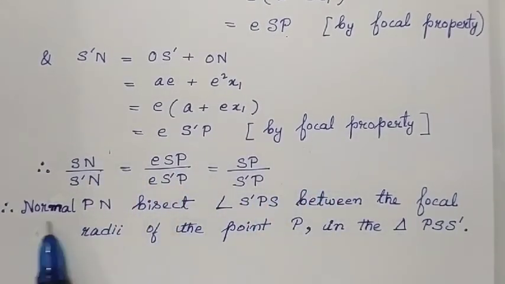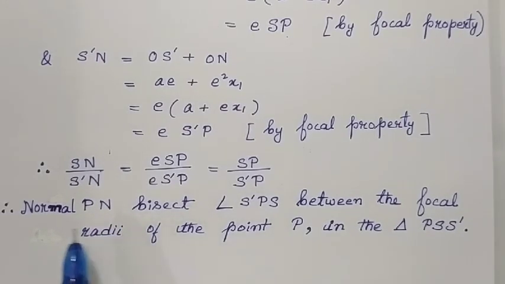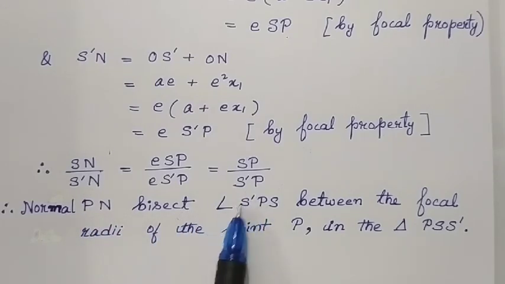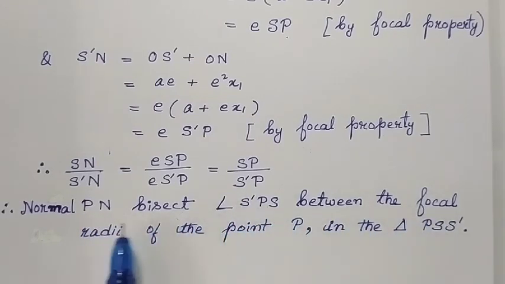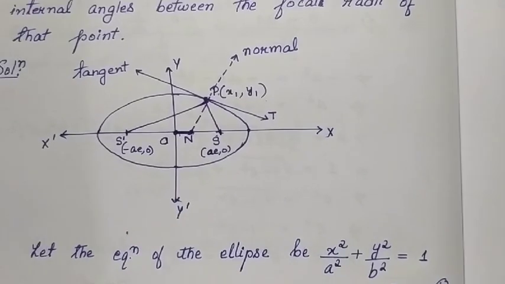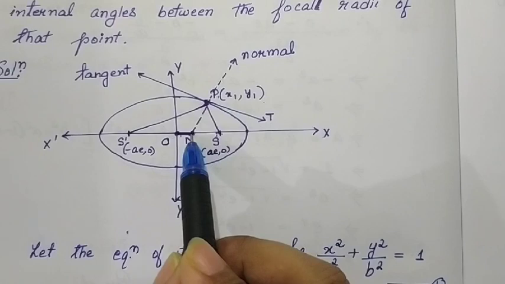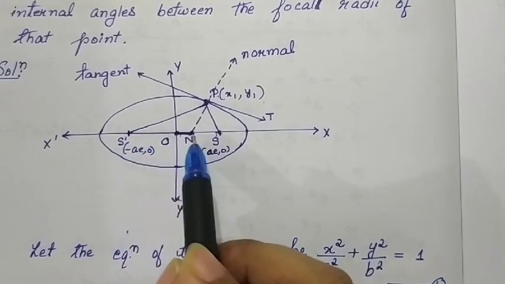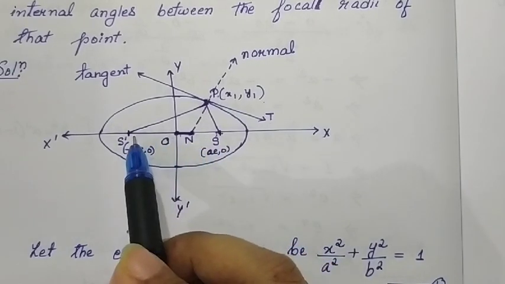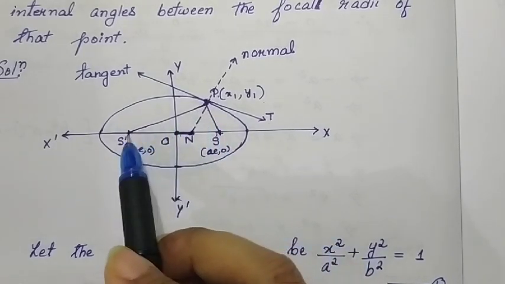We can say that the normal PN, our PN was the normal and our tangent was PT, so the normal PN bisects the angle S dash PS between the focal radii of the point P in the triangle PSS dash. See here, this is our SN, and this is our S dash N. We got SN divided by S dash N equal to SP divided by S dash P.